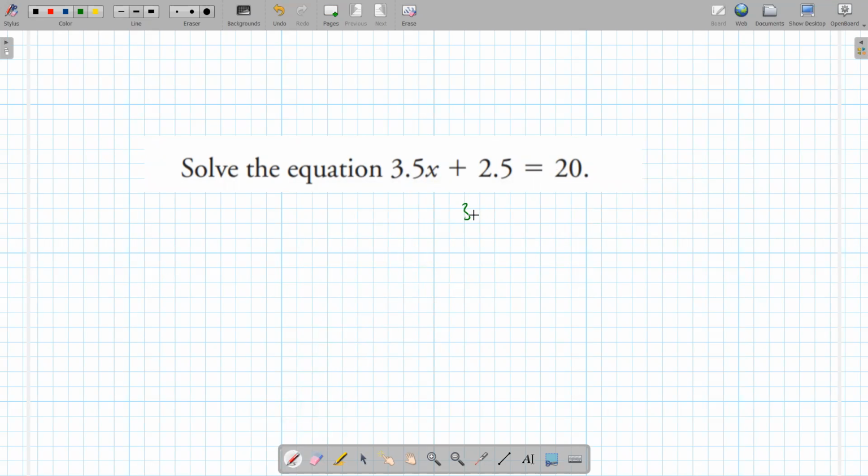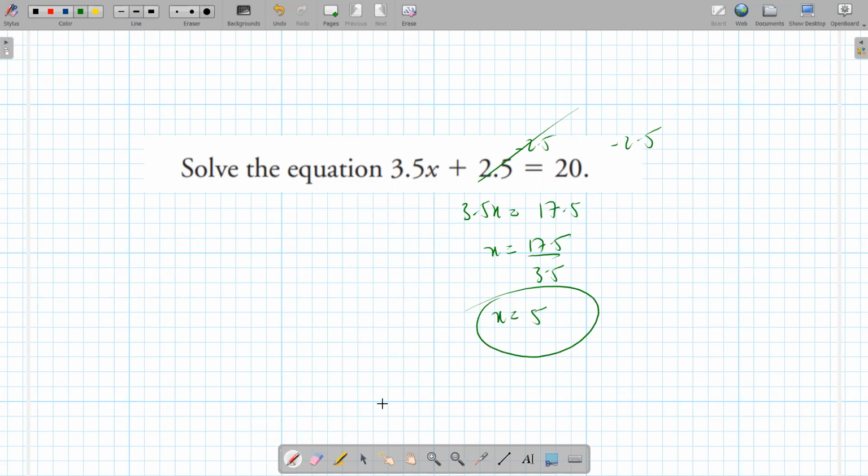So you subtract 2.5 from each side. Yeah, exactly. So minus 2.5, minus 2.5. 20 minus 2.5 is 17.5, yeah? What's next? Then x equals 17.5 divided by 2.5. Yeah, and x would be 5.